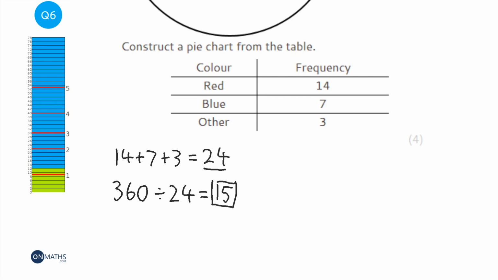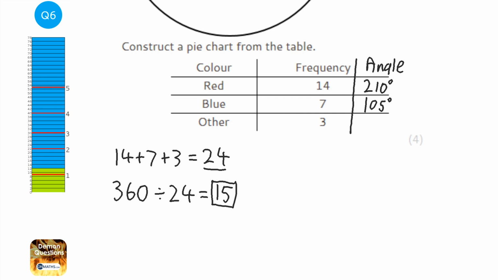So this 15 here, if we multiply all three of our numbers by 15, we will get the amount of degrees we need each colour to be. So I'm going to add an extra column here and say angle. And I'm going to do 14 times 15. And it's 210 degrees. 7 times 15 is 105 degrees.